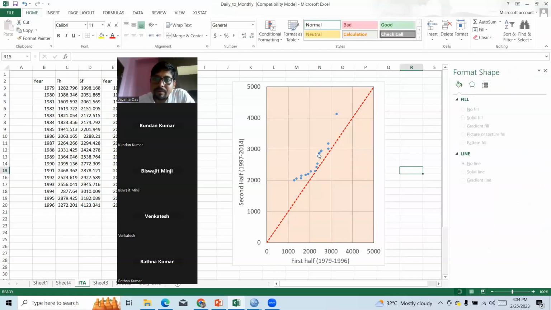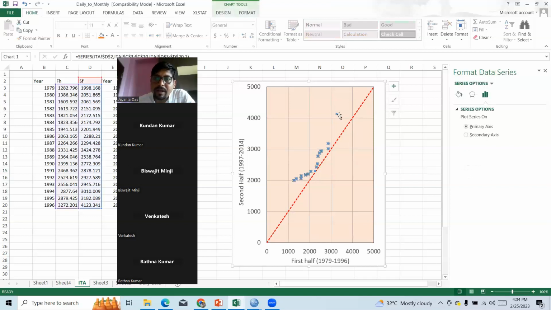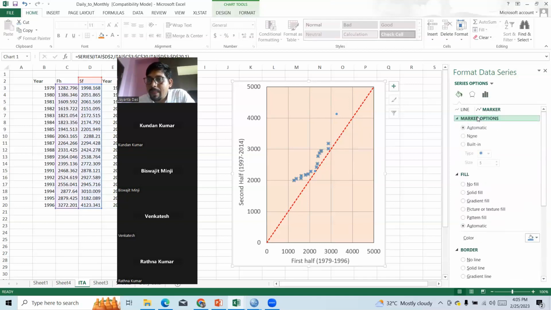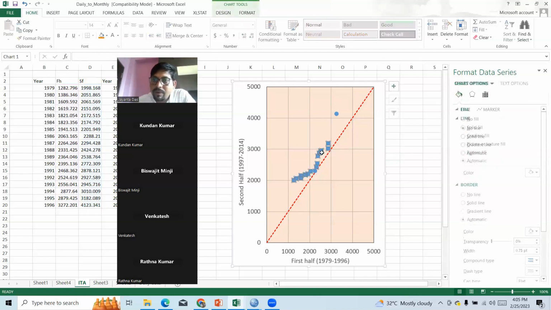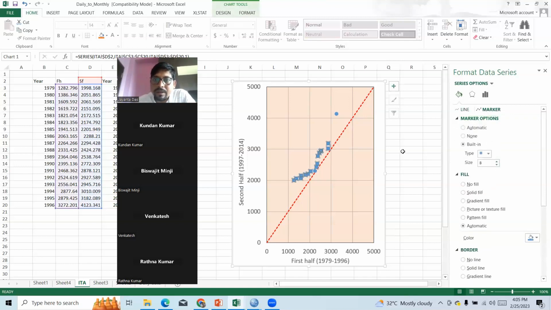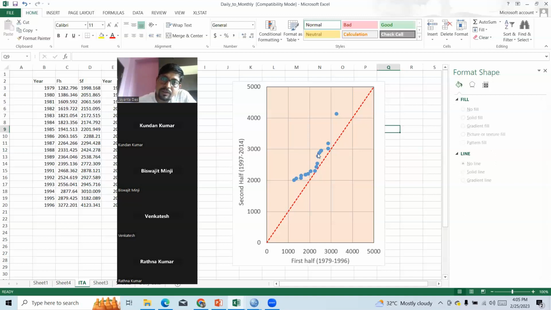Now select this marker and go to this option, fill and line, select marker, then again marker options, then built-in. We can increase the size, the default is 5. So we can increase according to our need. 10 is not good. So I think 9. No, it overlaps. Yeah, 8 is visible. Now it looks good.